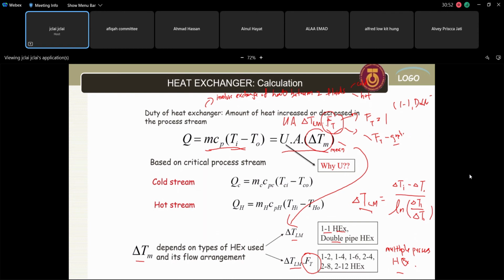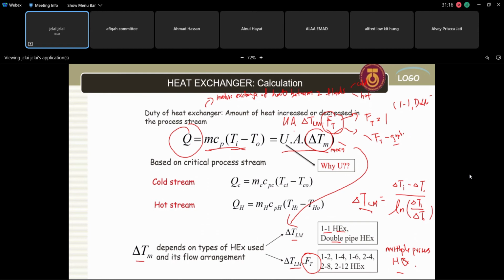This is what you will go through in the 3 video lectures after this. By using this formula, actually we can determine how much heat can be transferred using the heat exchanger, right?